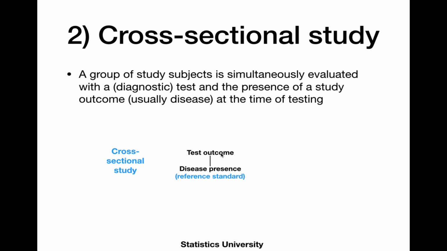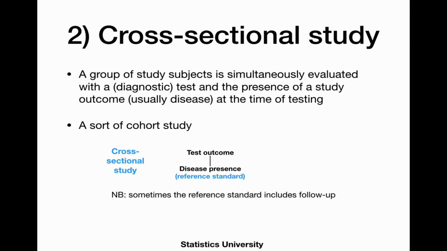And so you can see that both the determinant of the study and the outcome of the study are evaluated at the same time. And that's why we call it cross-sectional, because it's cross-sectional in time instead of longitudinal as in a cohort study. Some people actually see a cross-sectional study also as a type of cohort study, but I prefer to keep these two entities separated.